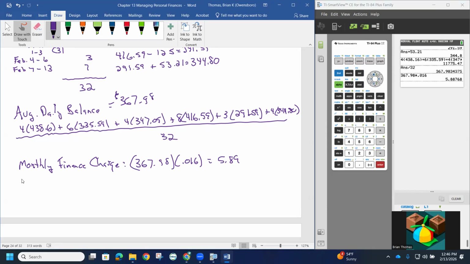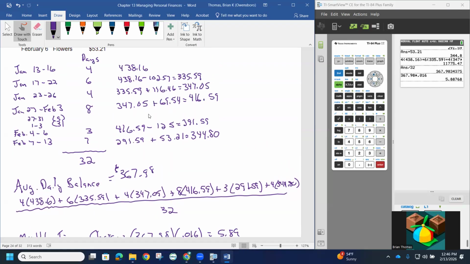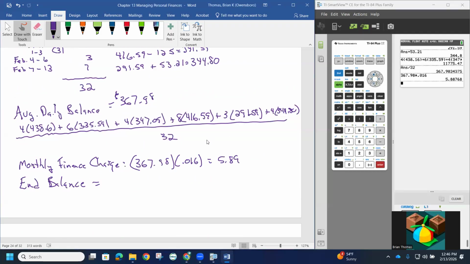So now I can actually determine my end balance. My end balance is going to include the finance charge now. Up here, $344.80 was my ending balance. But now I got to add a finance charge of $5.89 to that.